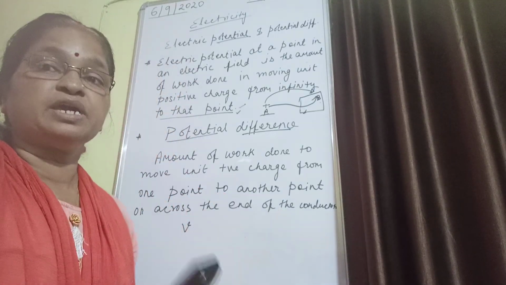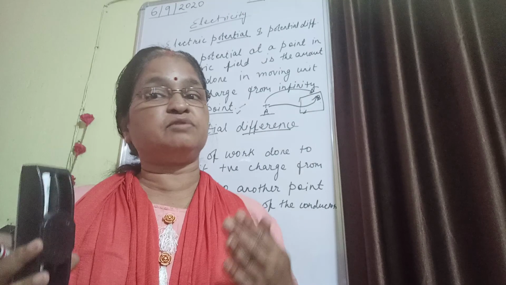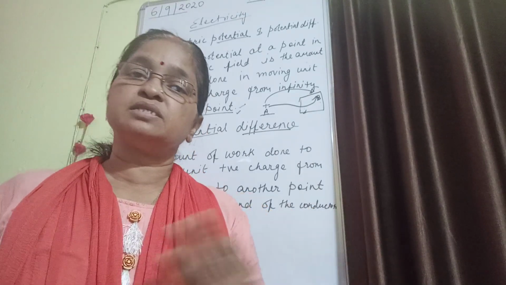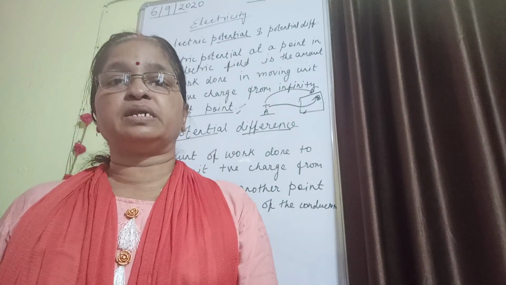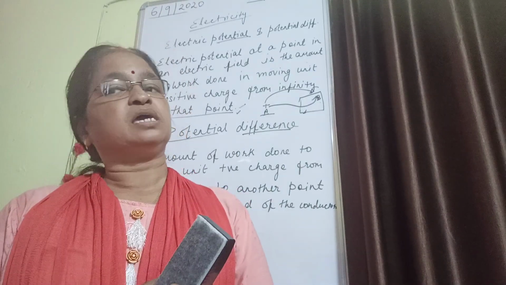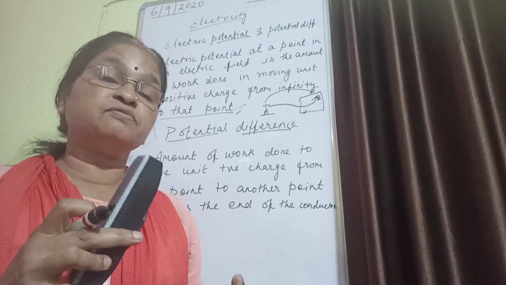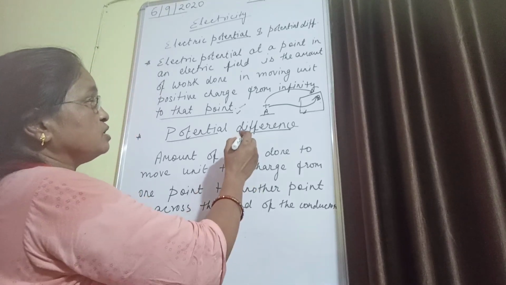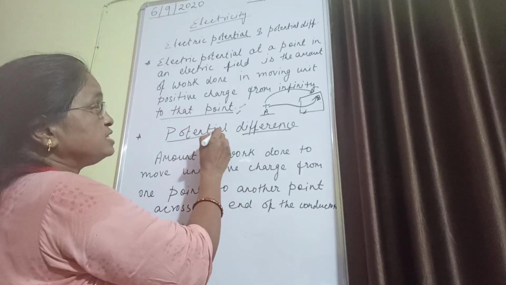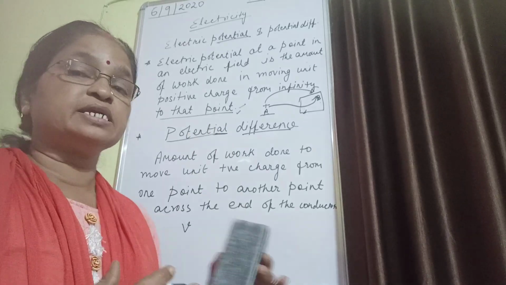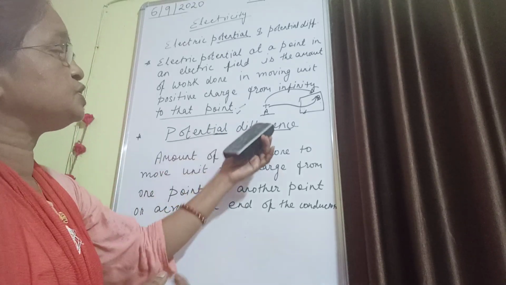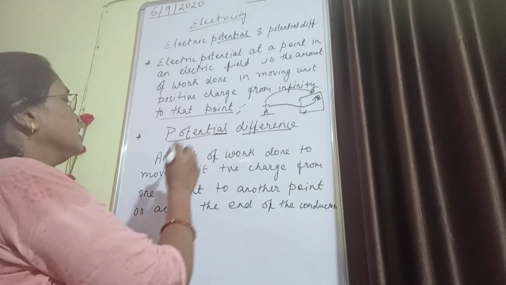In the tanks we have seen, if there is a difference in water level, then only the water flows from one tank to another one. If there is no difference, it does not flow. In the same way, for electric current also, if there is a difference in potential, the current flows. So first of all, let us see what this potential difference is.